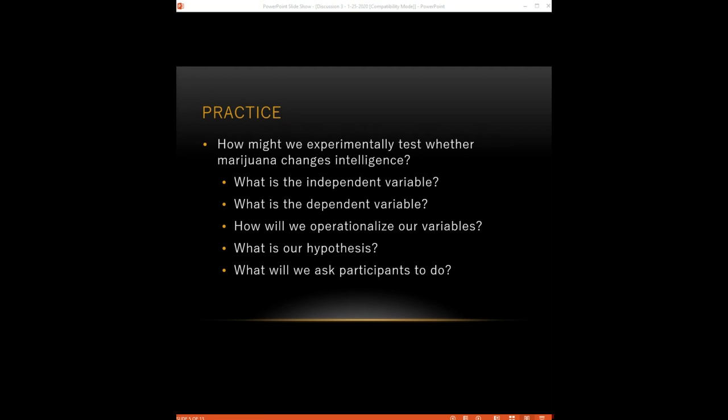And so what we're specifying is that the difference between the groups is how often they receive that dosage. And so presumably as people receive a higher dosage or a more frequent dosage, once every week versus once every day, that might affect our outcome. That might affect intelligence. So we can split this up any way we want.